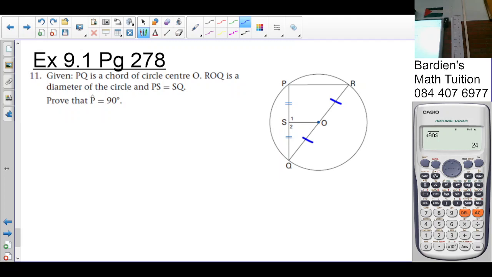We've dealt with this theorem last year. The midpoint theorem will come into play. As you can see, these lengths are equal and those lengths are equal here, which means that this will be parallel to that. And twice SO will give you PR's length. The reason is going to be the midpoint theorem.